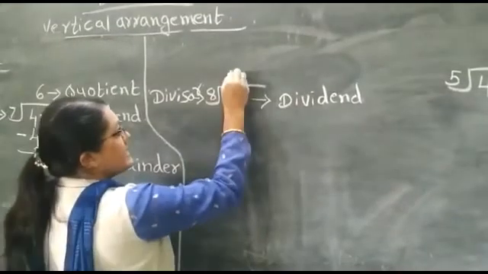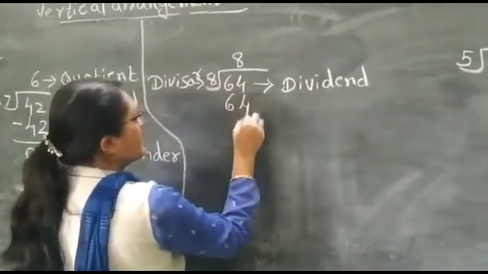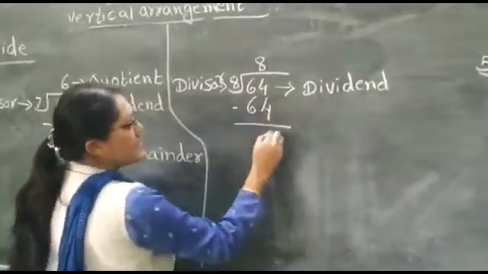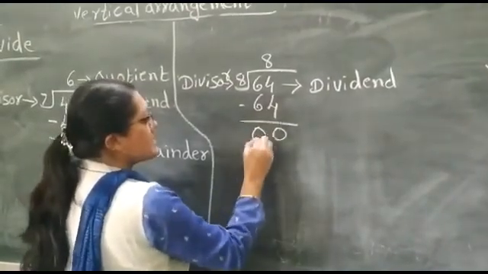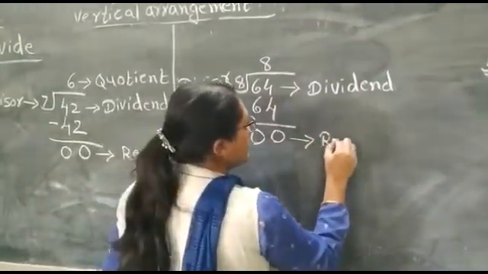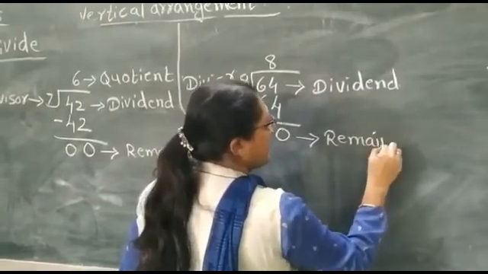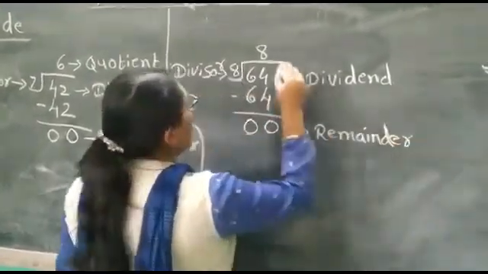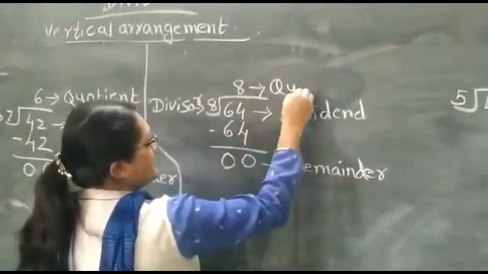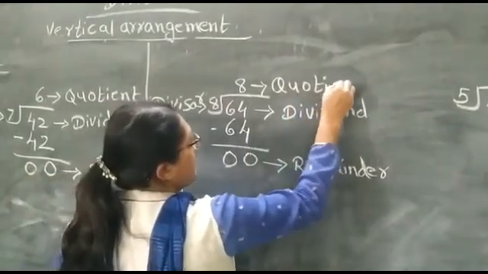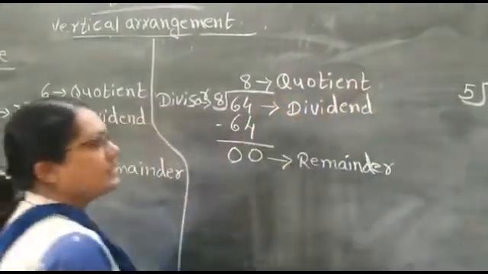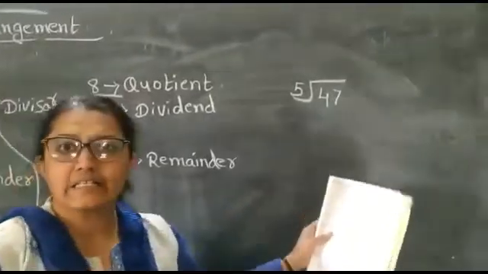Now 8 eights are 64. So 4 minus 4 is 0, 6 minus 6 is 0. So 0 is the remainder and 8 is the quotient.